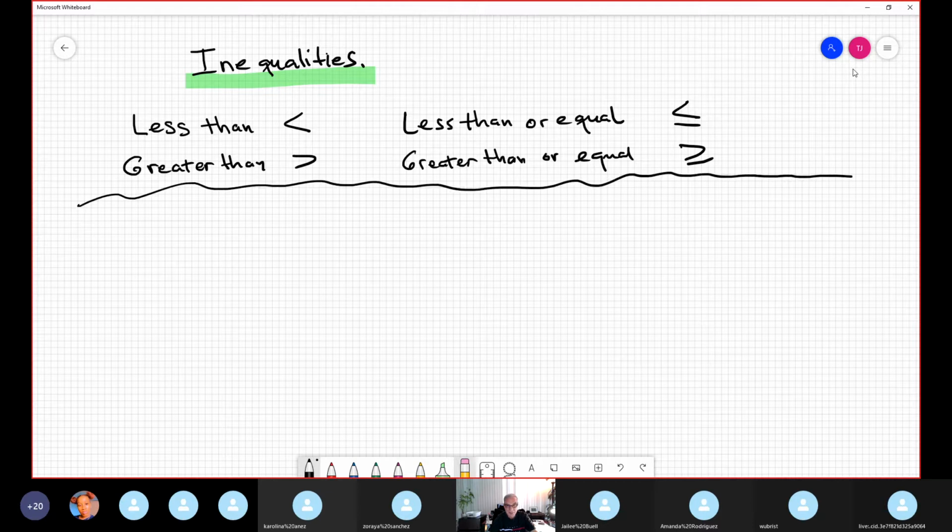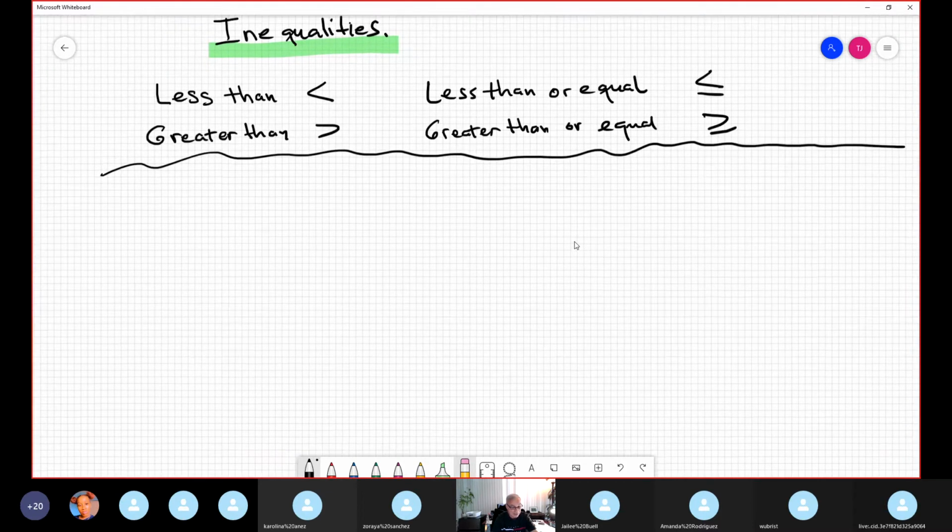Now, the next thing I want to discuss with you is how we represent the solutions of the inequality. The solution for the equation is super easy. You open that curly bracket and list 1, 2, 3, and so on.